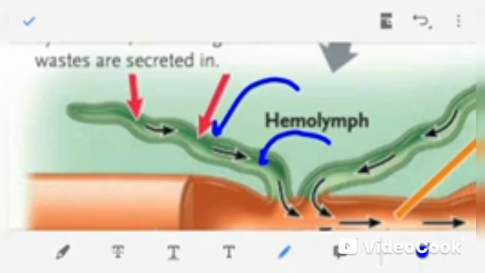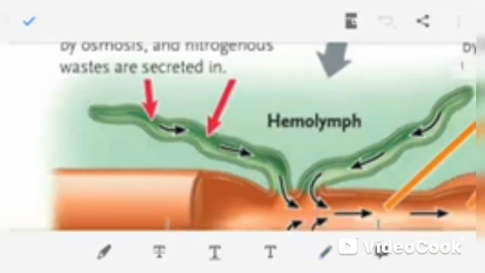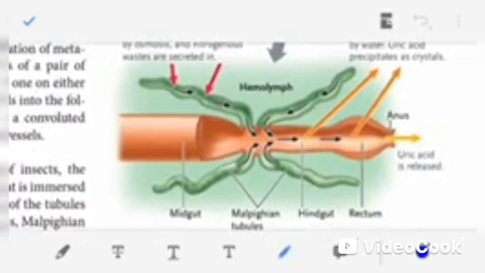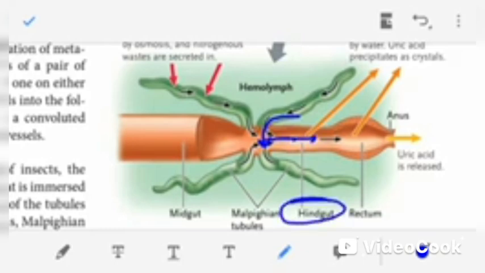Okay, and all these substances enter into the gut. All the substances move along the gut, passing the hindgut.